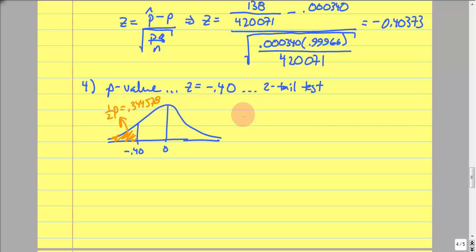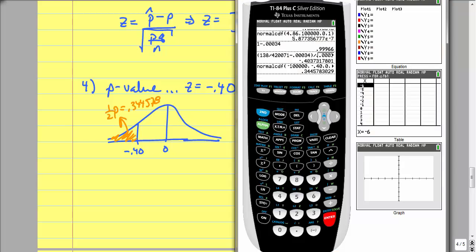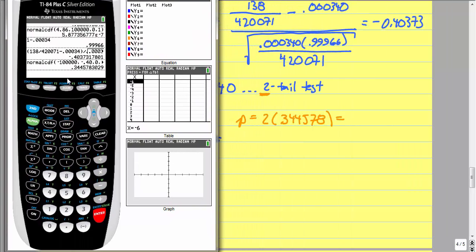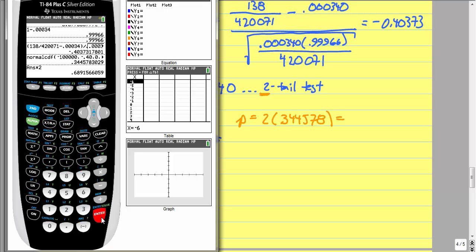Now my true p-value is equal to twice that because I have a 2-tail test. So I'd have 2 times 0.344578. Back in my calculator, I already have the 0.344578 here, so I'm just going to hit times, and it'll take my last answer and multiply it by 2.